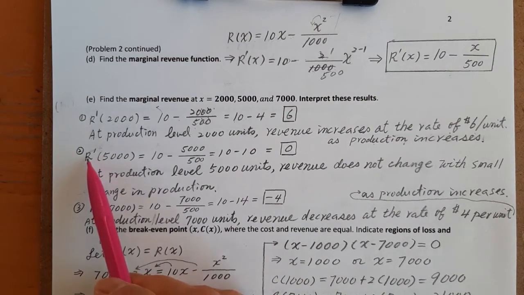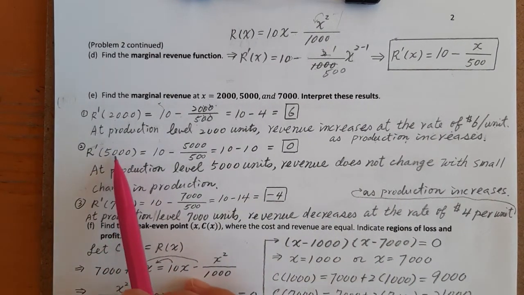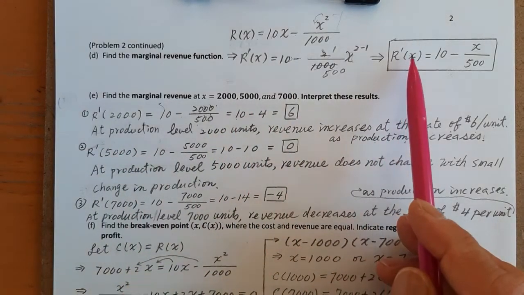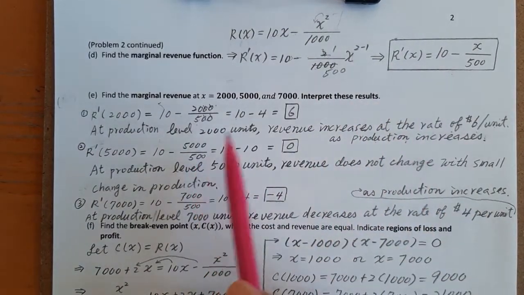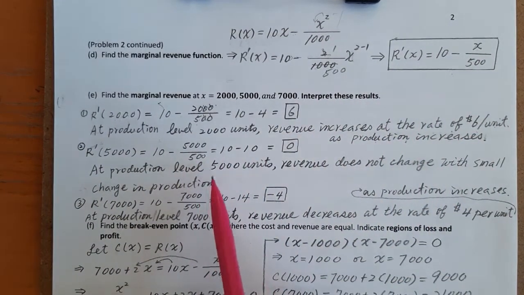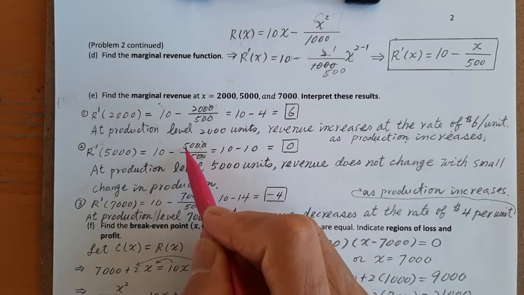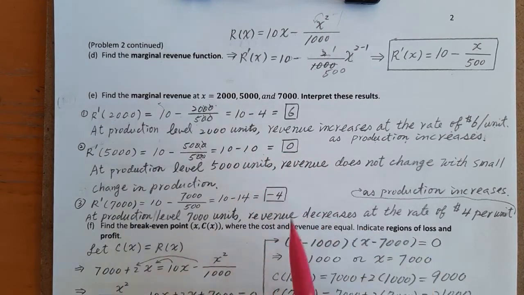Then figure out R prime of 5,000. So you plug 5,000 into x. So get 10 minus 5,000 over 500. Cancel to 0. 50 divided by 5 is 10. Get 10 minus 10, get 0.